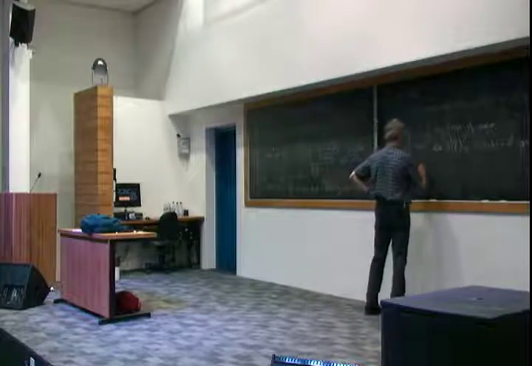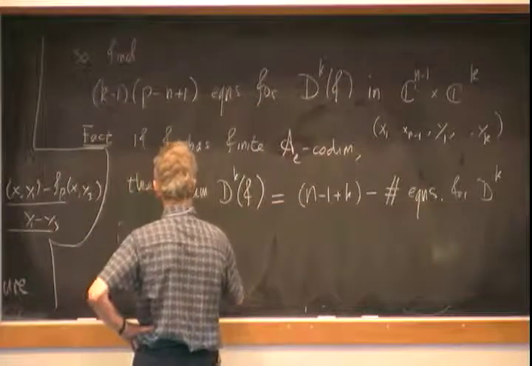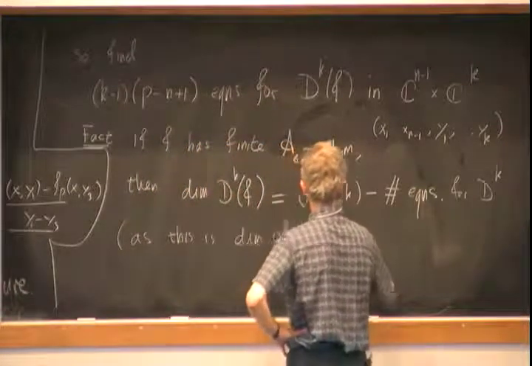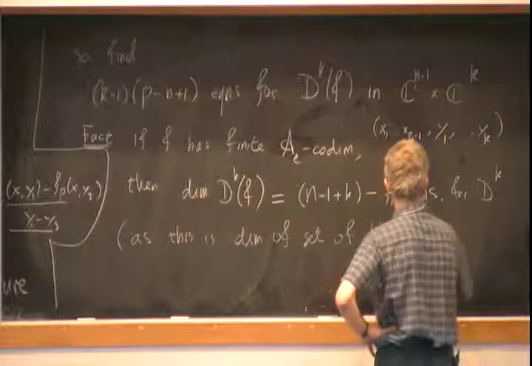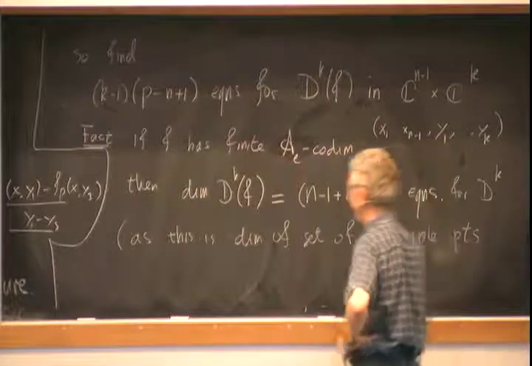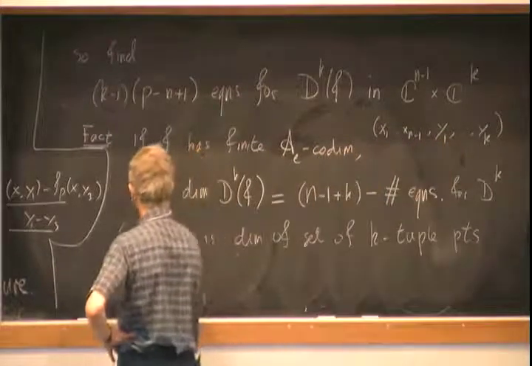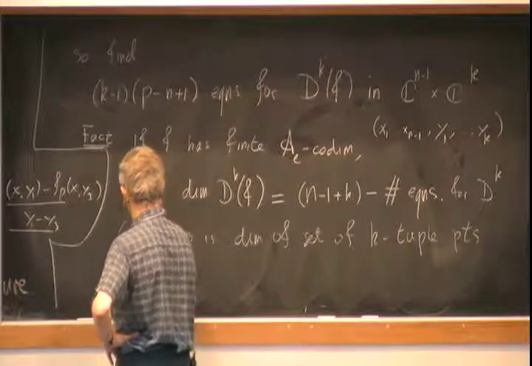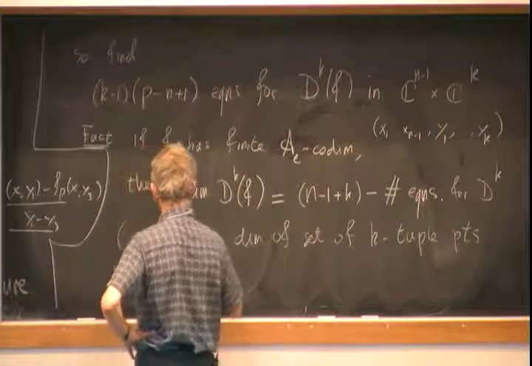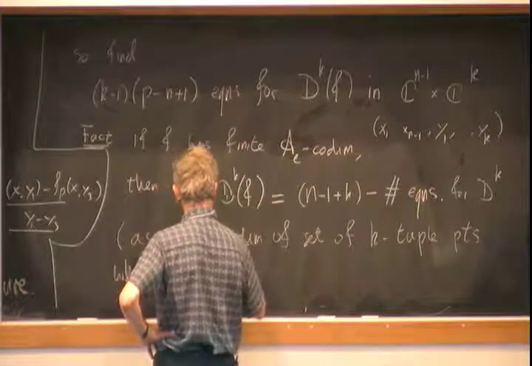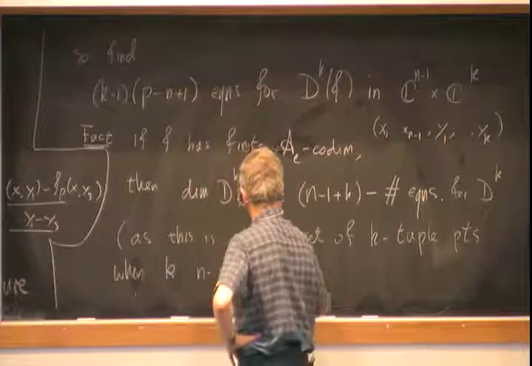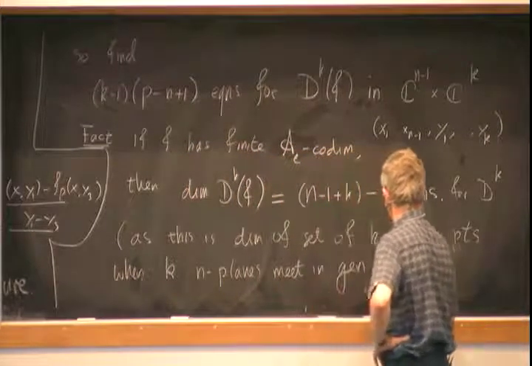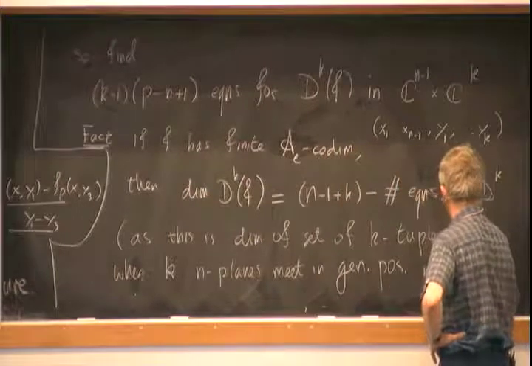So let me just write this vaguely as this is the dimension of the set of k-tuple points when k n-planes meet in general position in Rp.